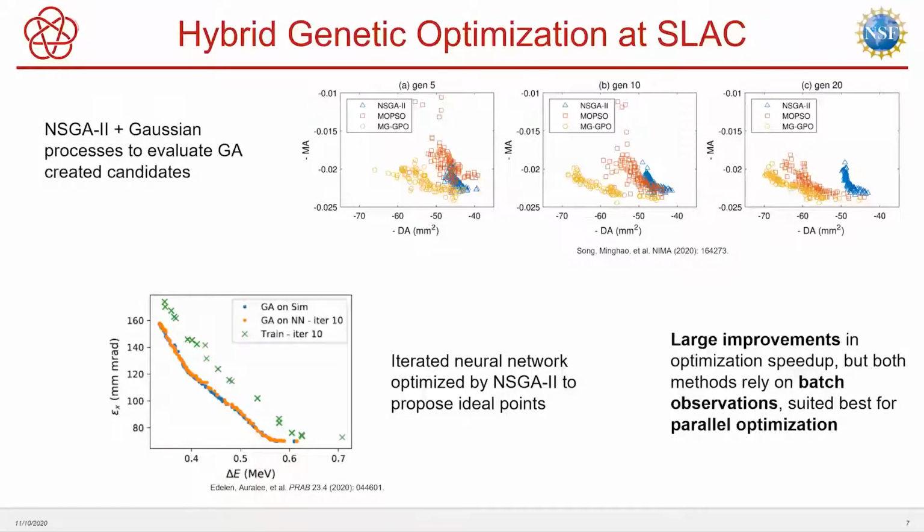However, these methods are still not ideal due to the fact that they're relying on a heuristic in terms of sample generation, which, while a large improvement over the normal genetic optimization, still is not sufficient for online optimization.